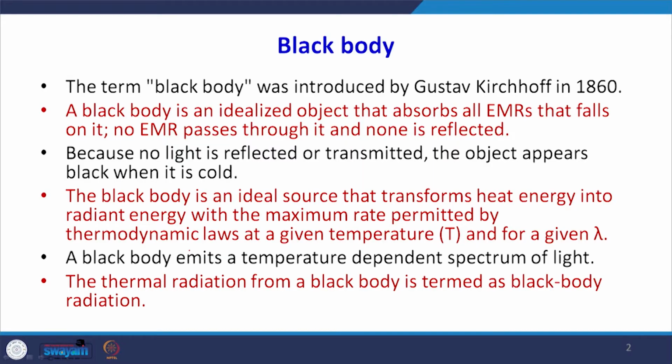So, a black body will emit a temperature dependent spectrum of light. That means if I heat that piece of iron, it will radiate energy. We have seen that if you heat the piece of iron more, if you increase the temperature, it becomes red hot and it radiates a lot of energy also.